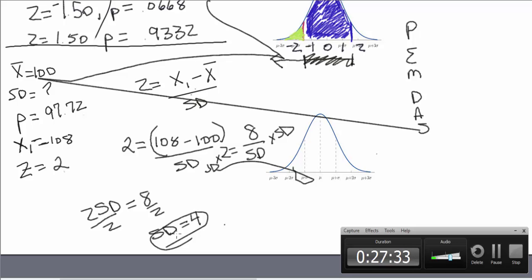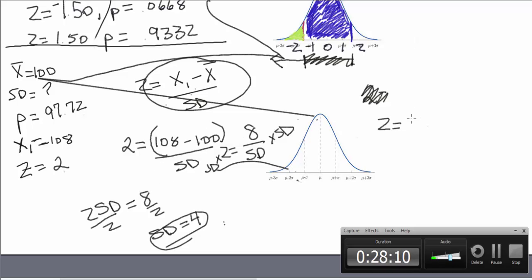Now, these questions are really great because you can actually go back to this z-score formula and check your work. So let's do z equals our raw score again, 108 minus our mean of 100 divided by the standard deviation that we just found, 4. 108 minus 100 is still 8 over 4. 8 divided by 4 equals 2.